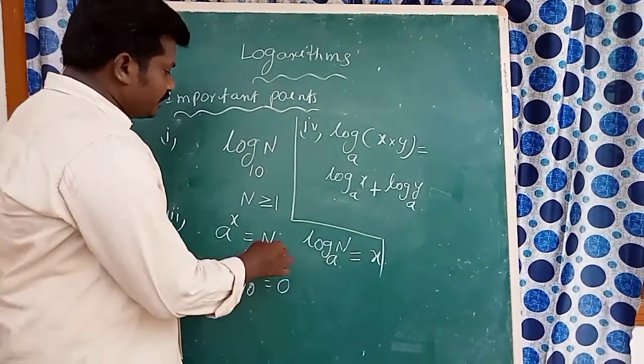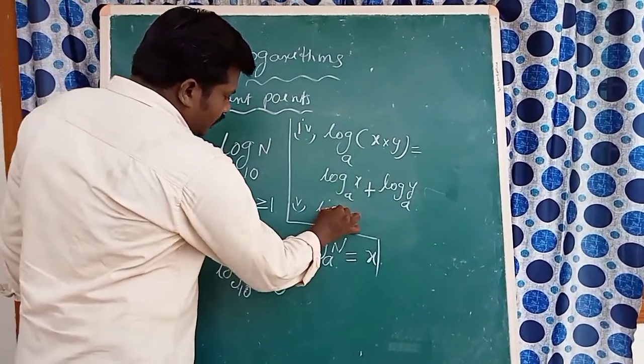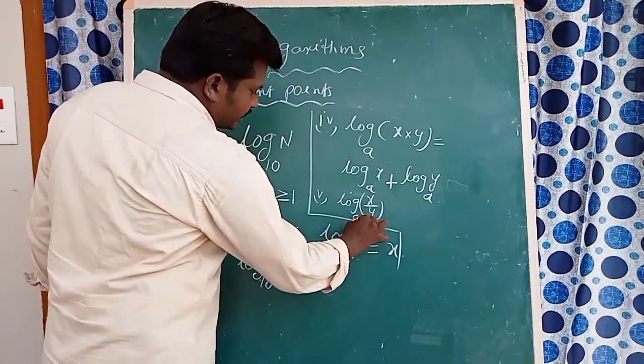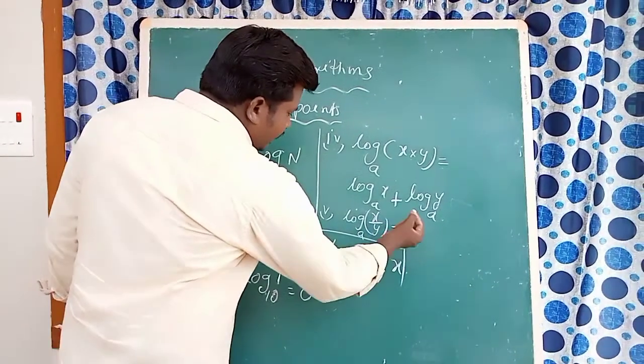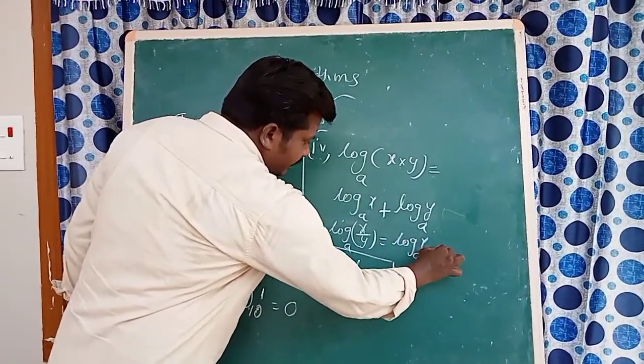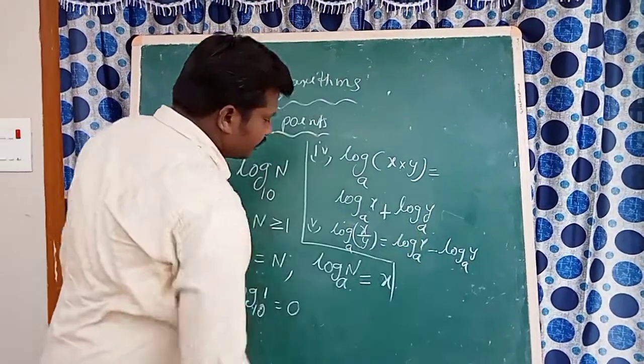And the fifth important point: log of x by y base a is written as log x base a minus log y base a.